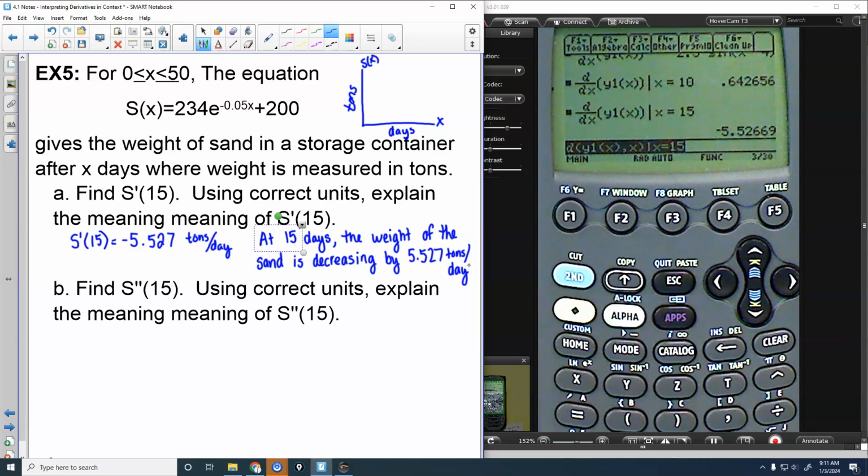What you cannot do right there is say that the weight is decreasing at negative 5.527. Because if you say that the weight is decreasing at a negative rate, you have a double negative that is really like a positive, and it's incorrect. You can technically say that the weight of the sand is changing at a rate of negative 5.527.